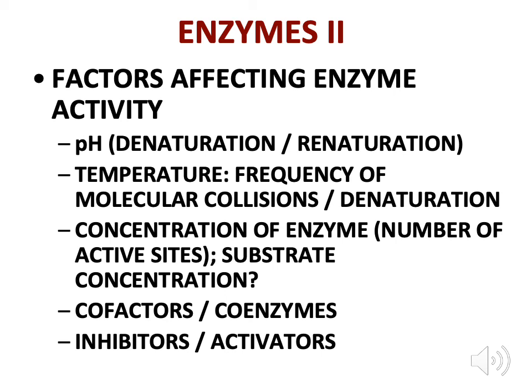Now, many of the enzymes that are responsible for taking food molecules and converting them into ATP, many of the enzymes involved in cellular respiration, and there are a lot of them, many of those enzymes require vitamin B compounds in order to do their job. Now, vitamin B is an organic compound. It takes a lot of different forms, but vitamin B, in this case, is an example of a coenzyme.